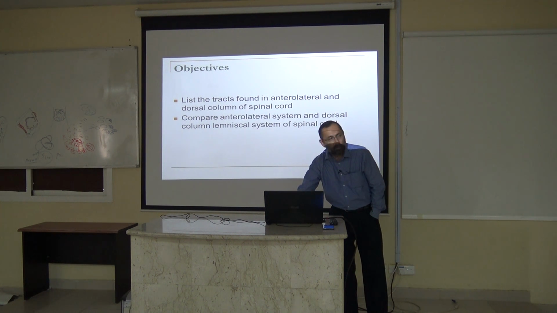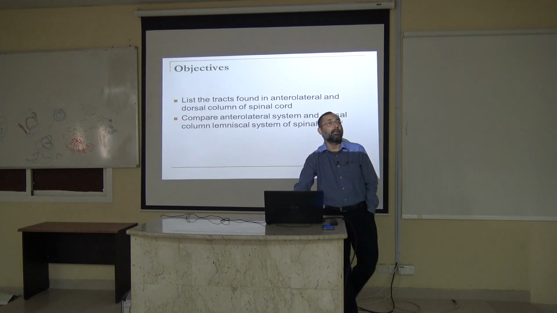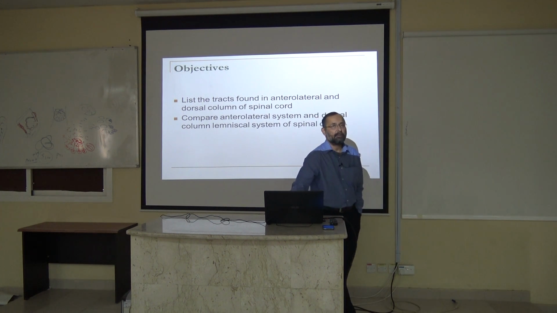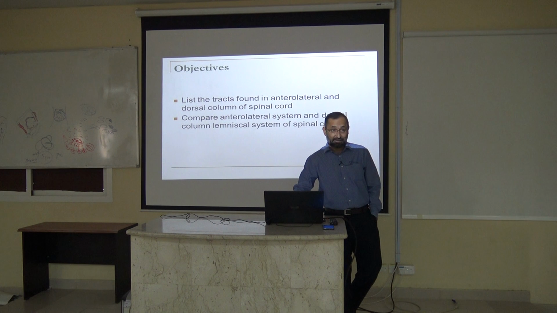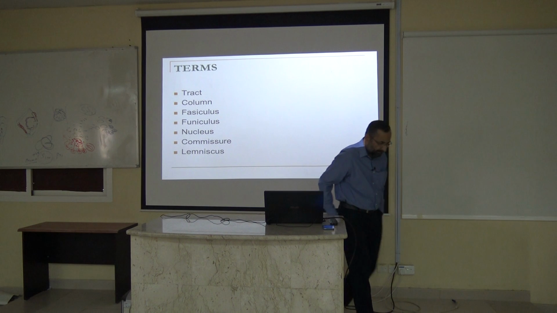First of all, we'll talk about the tracts of the central nervous system. Specifically, we'll talk about the spinal cord, and we'll see what systems exist in the spinal cord and how they carry sensations, and we'll compare those systems structurally and functionally as much as possible. Look at the terms, please.